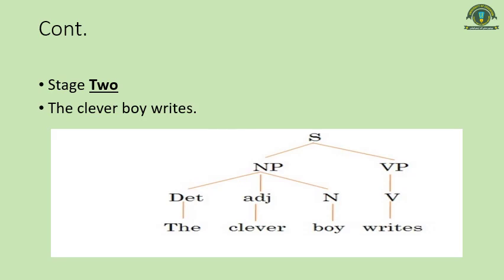Writes is a verb, and by joining a noun phrase and a verb, they are making a verb phrase, and a noun phrase and a verb phrase, by joining, are making a sentence. As I have already told you, a noun phrase and a verb phrase will make a sentence, a determiner, adjective, and noun will make a noun phrase, and a verb and a noun phrase will make a verb phrase. Okay.